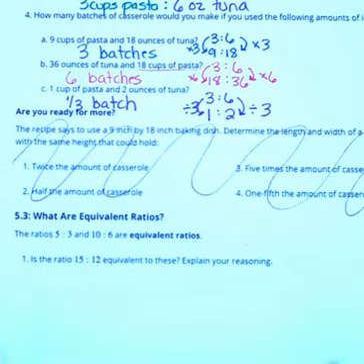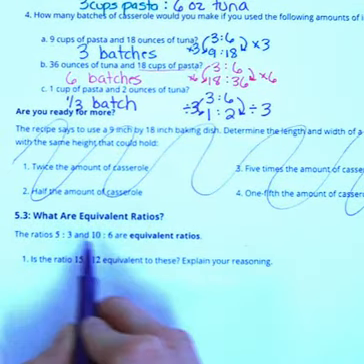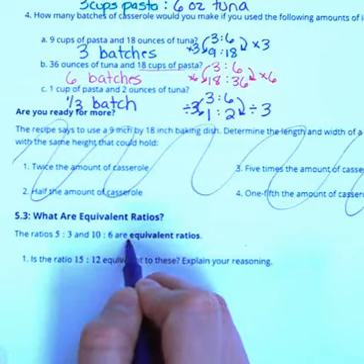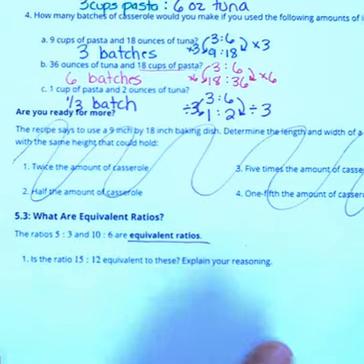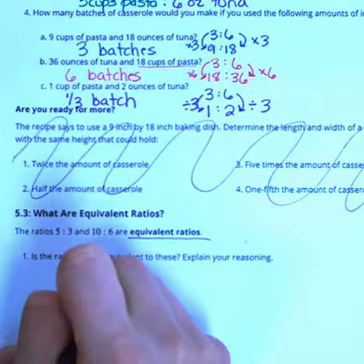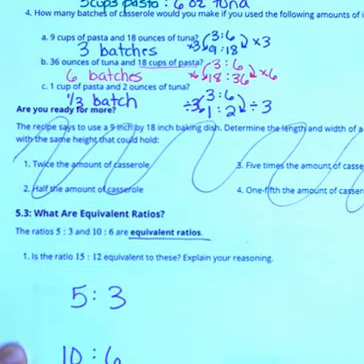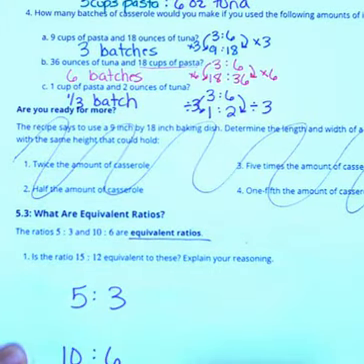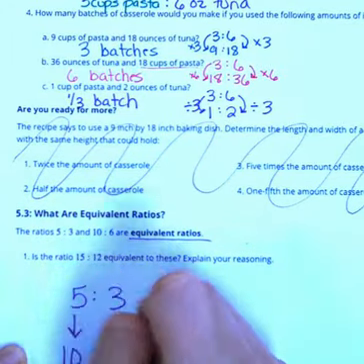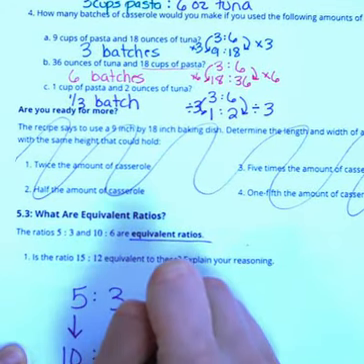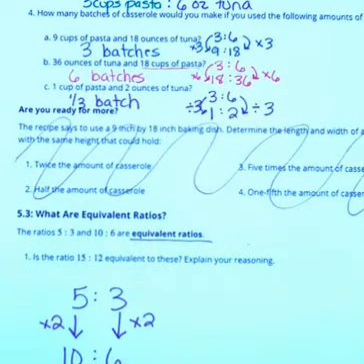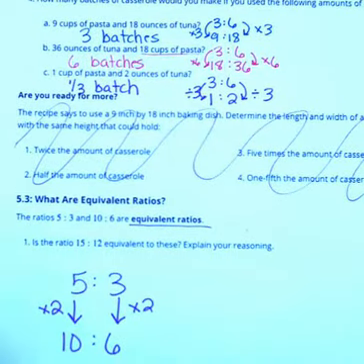Okay, so it says that the ratios 5 to 3 and 10 to 6 are equivalent ratios. Let's see why they are equivalent. Okay, 10 to 6 and 5 to 3 are equivalent because we can multiply each side of our ratio by 2 and they equal one another.